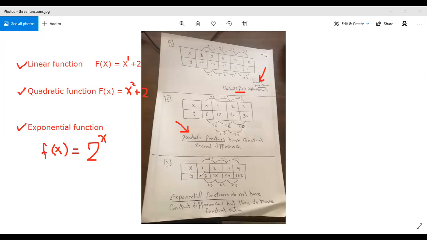We will try to divide like in geometric sequences. 18 divided by 6 equals how many? 3. And after that, 54 divided by 18.